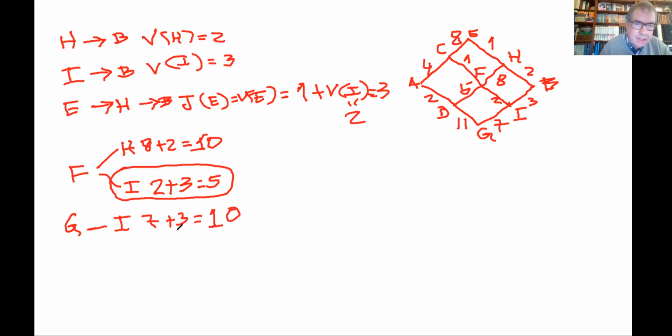Now go back again. If you are at C, you can go to E on the top, or you can go to F. So if you go to E, you spend 8 plus the value of E, which is 3.